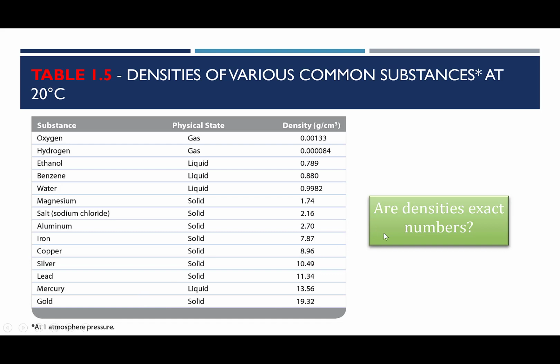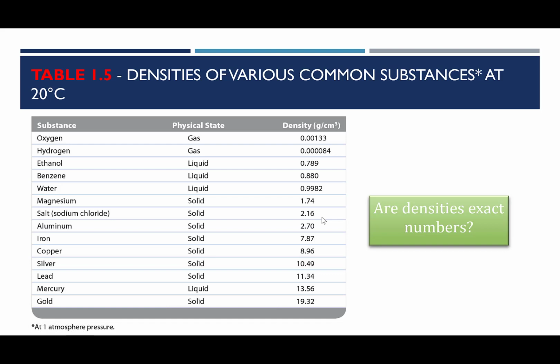And one question that we want to ask ourselves here is, are these densities exact numbers? Well, when you look at these, do they all have the same number of significant digits? Clearly not. Hydrogen, up towards the top, only has how many significant digits? 2. Good. And then how about magnesium? 1.74, 3 significant digits. So the number of significant digits here varies substantially.